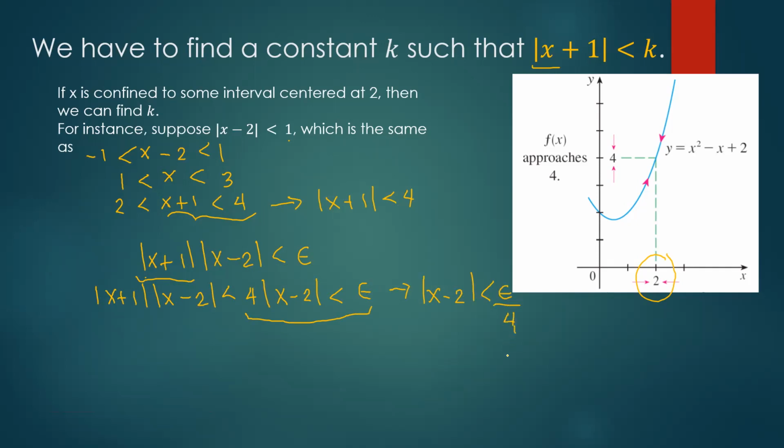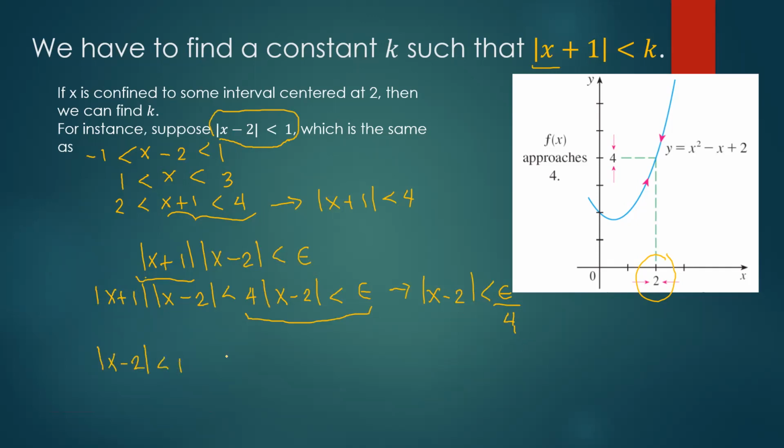Okay. Ayan. So kanina, na-establish natin to, yung x minus 2 less than epsilon over 4. Tapos kanina, meron tayong absolute value of x minus 2 less than 1, no? So, ibig sabihin, meron tayong dalawang inequalities for absolute value of x minus 2.